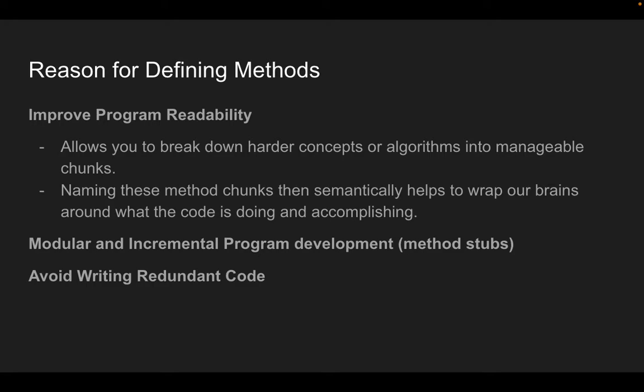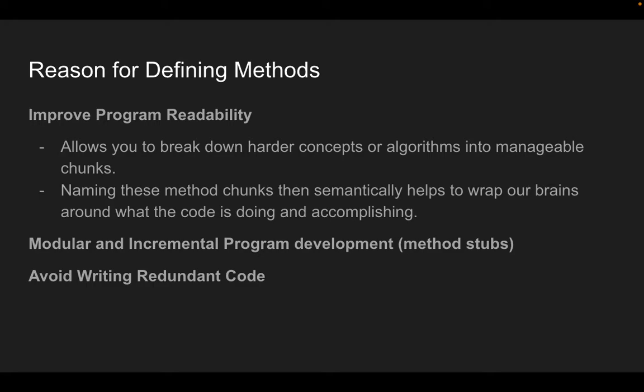So you try to think, okay, how can I break this down into manageable chunks, so that each part has a distinct purpose, does a distinct thing, and produces a distinct value? And then you can join those together.